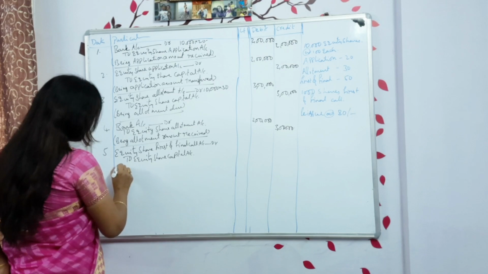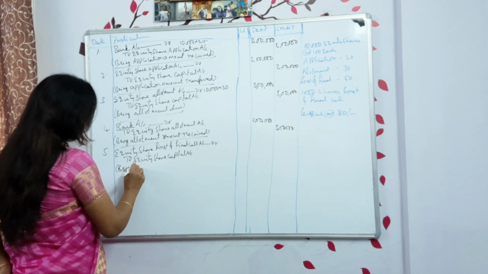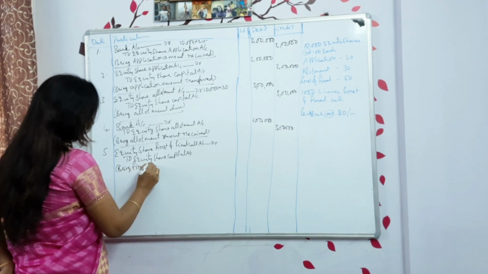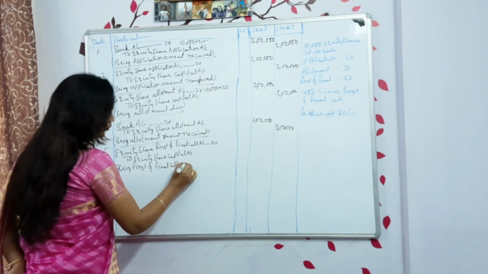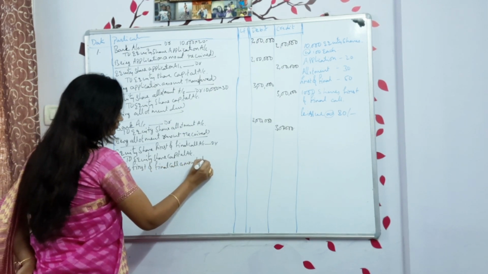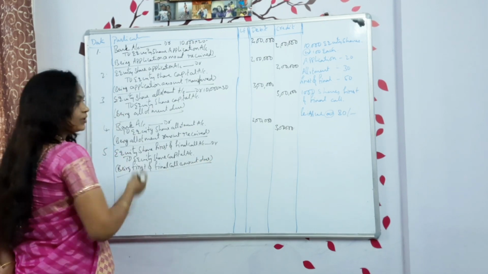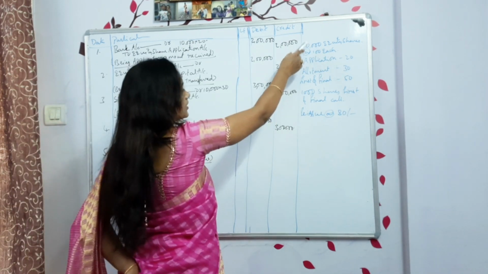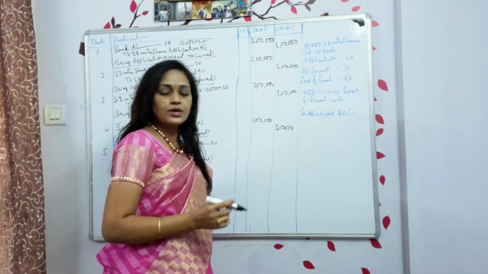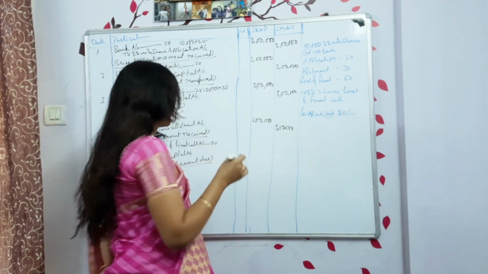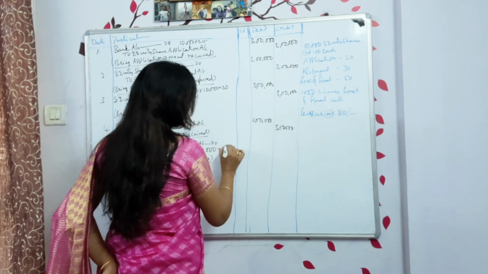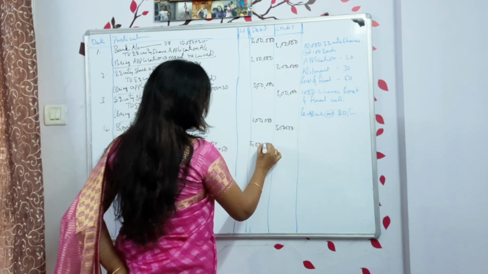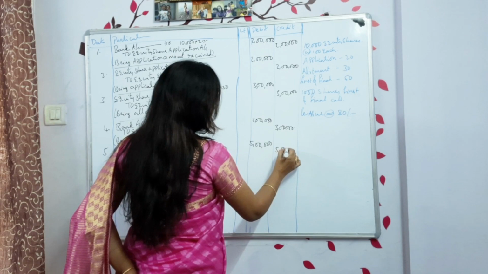Being first and final call amount due. What is the amount? Total 10,000 shares at 50 rupees, so 10,000 into 50 gives 5 lakhs.